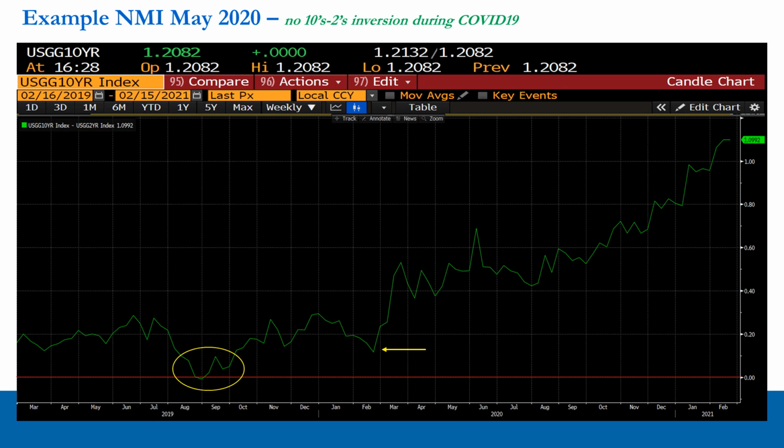That was because of massive Fed liquidity injections through conventional and non-conventional means. And we can see that the market was actually expecting that. When we look at the 10s minus 2 spread, the market was expecting that there would be Fed intervention. And you can see for the rest of 2020, the spread going higher and representing a normalization of the yield curve.